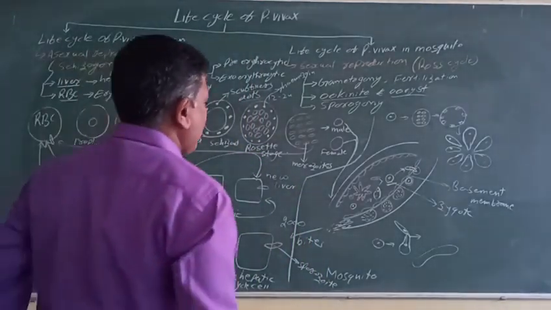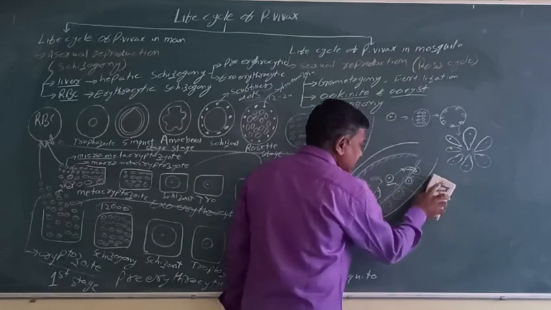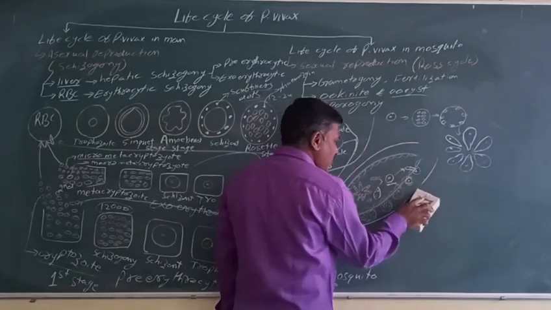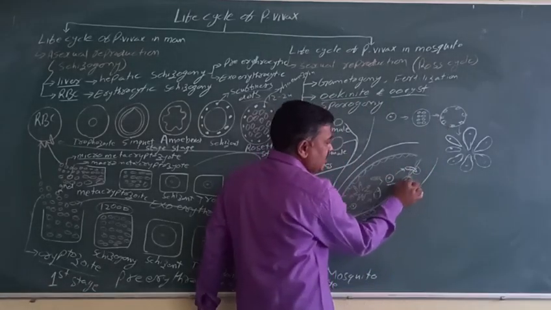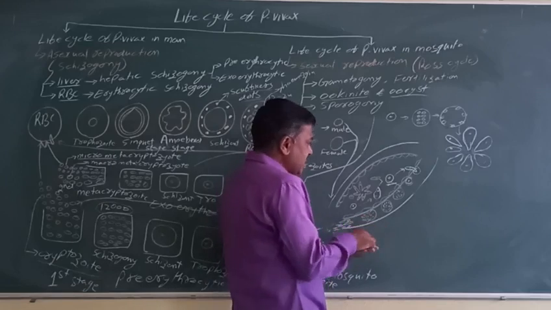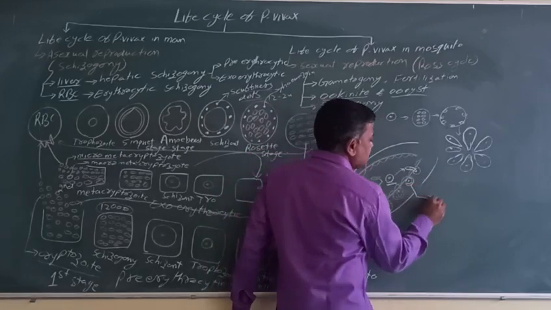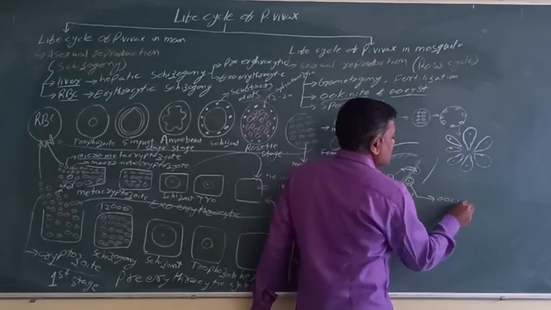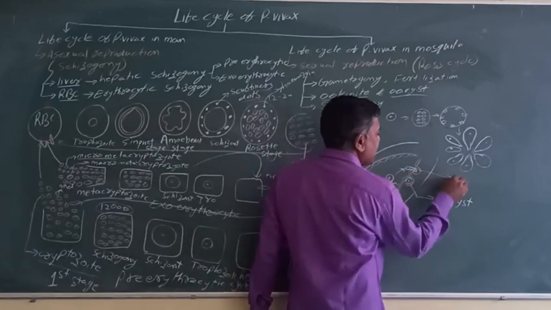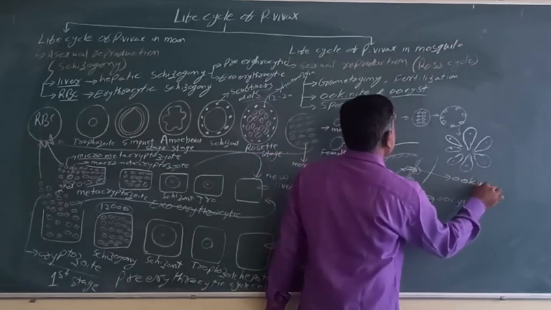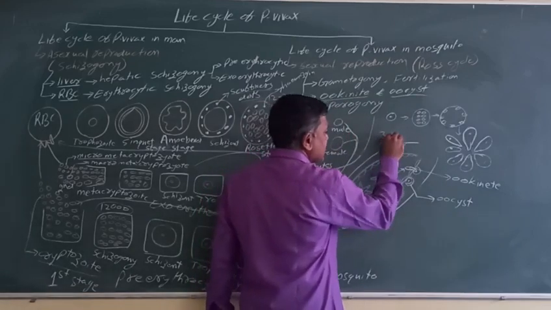After zygote formation, it crosses the crop wall, comes outside, attaches to the basement membrane, and the cyst wall develops. This is called the oocyst. The elongated zygote is called the ookinete.